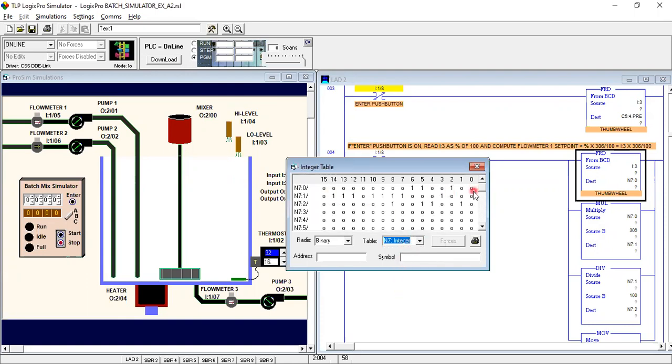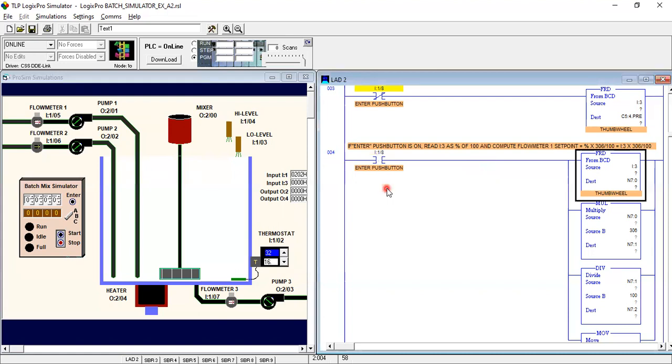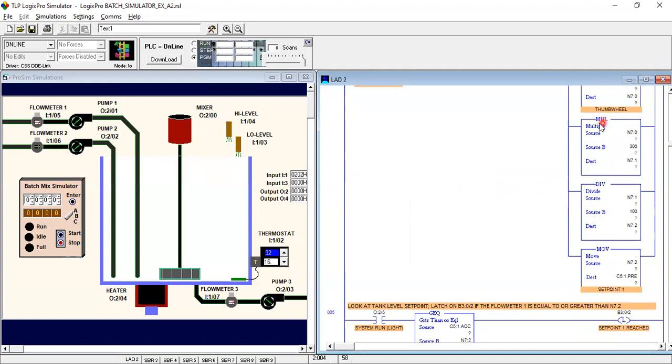Integer bit. As you can see, this is N7:0. It totally depends on what you want to choose, whatever you need. This is the integer addressing table. This is the same thumb wheel, and this instruction is our multiply instruction.